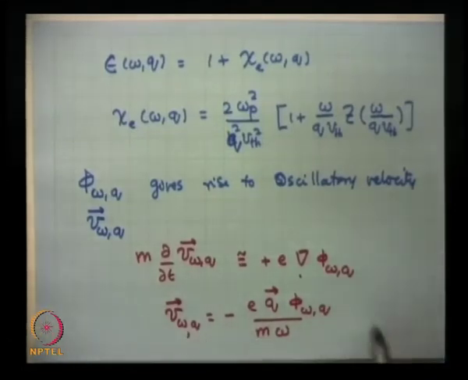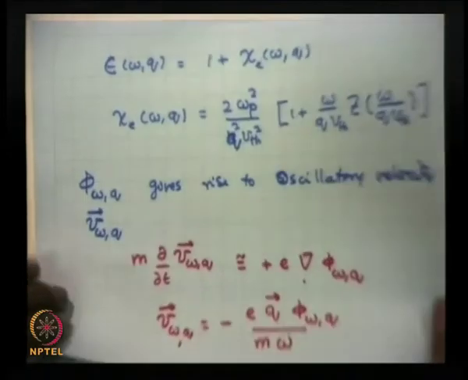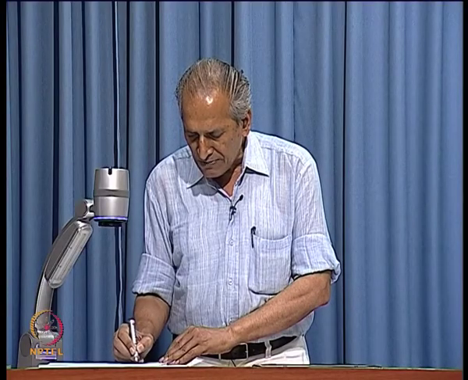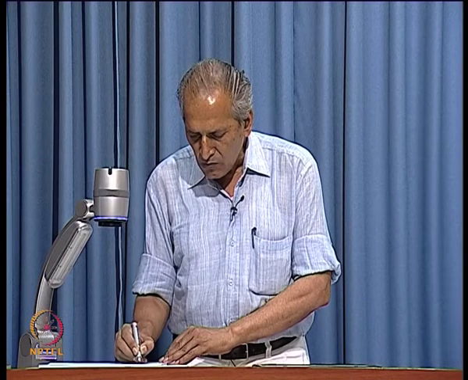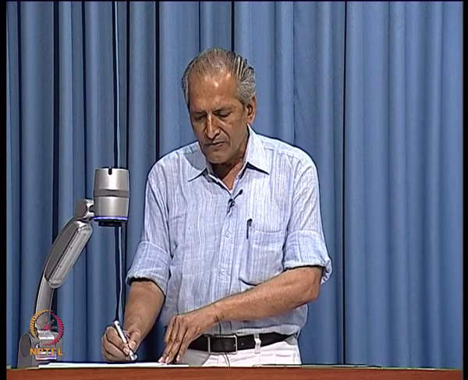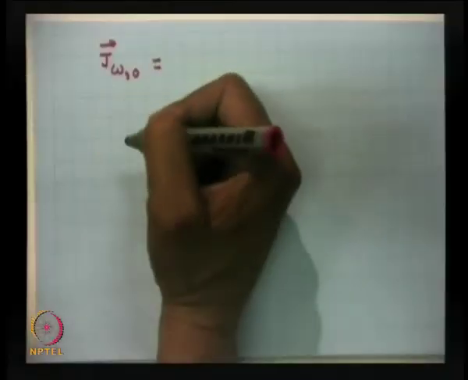Now, I am ready to write my current density. My goal was to find current density at omega frequency and wave number 0. So, I can simply write down J at omega and wave number 0. How much is this? Because this is the frequency of the applied electric field, and this is the wave number of the applied electric field. This will be how much?